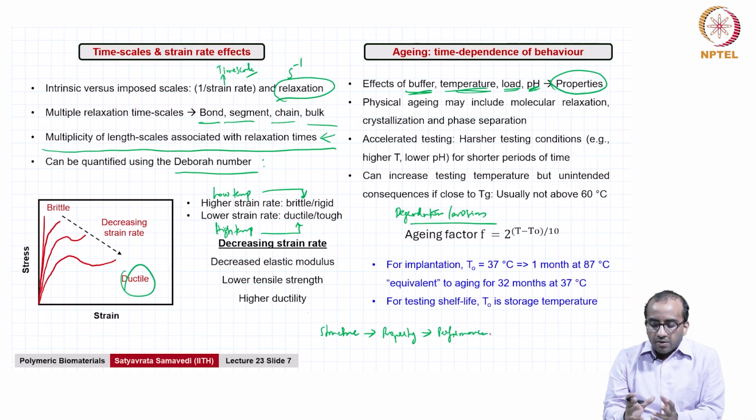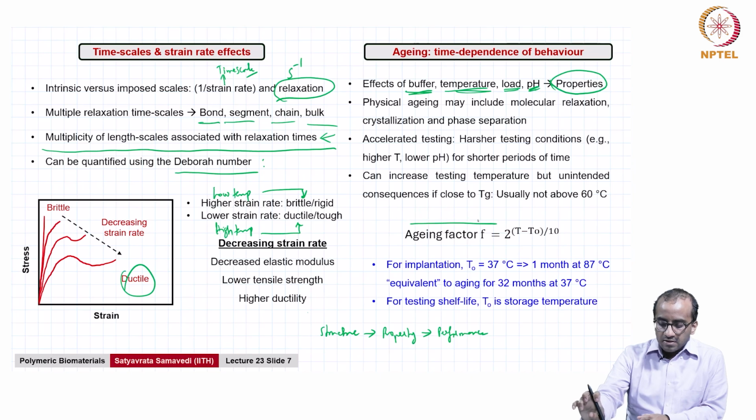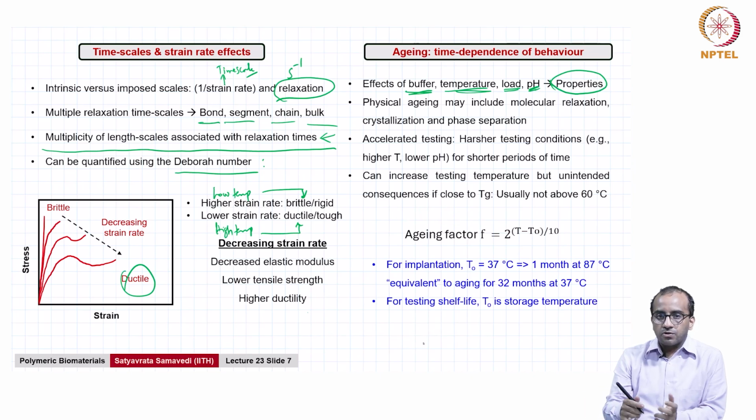Now, for many of these materials, there is something called accelerated testing that is often done. When you want to talk about how long this material can be deployed before its properties significantly change, you can't test these materials for 10 years, 20 years, that is not practically feasible. So, one way to get around that problem is to do something called accelerated testing, where you use harsher testing conditions than you would need, but for a shorter period of time.